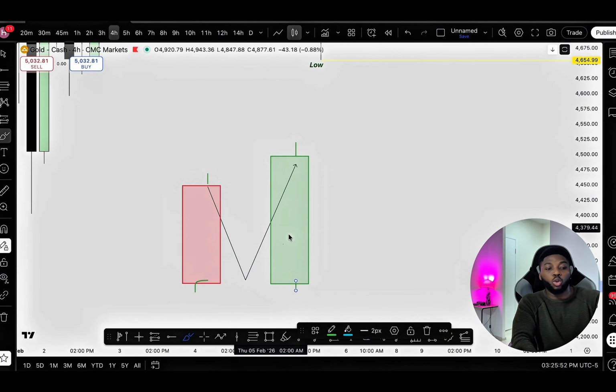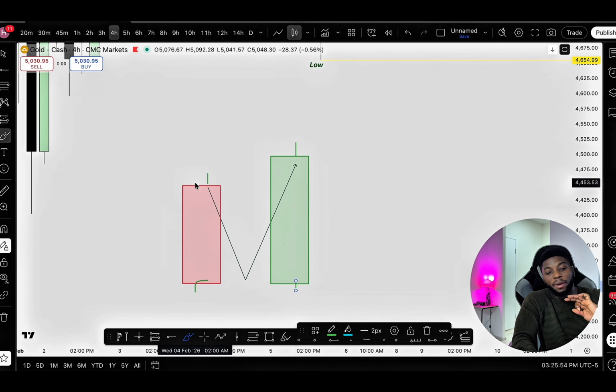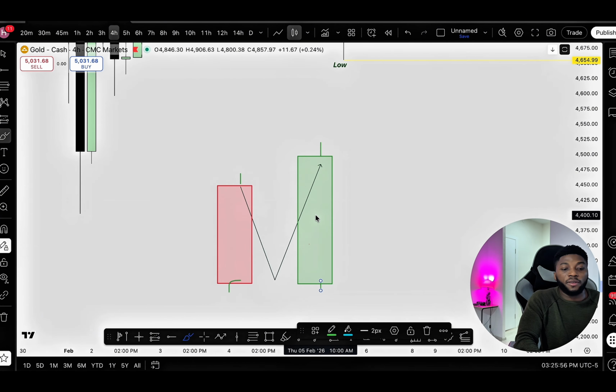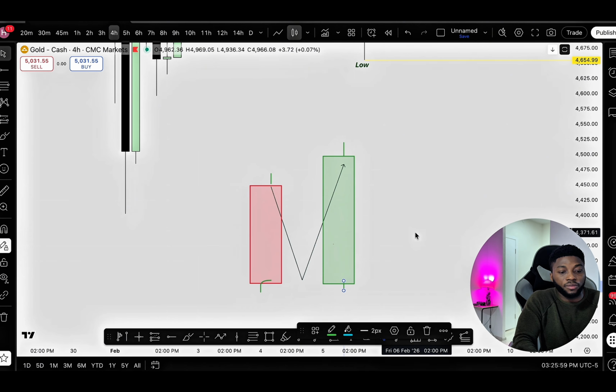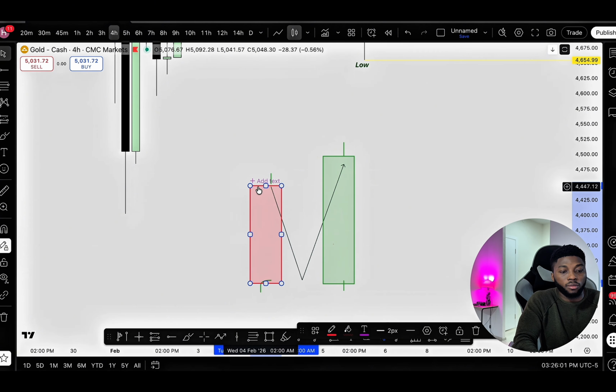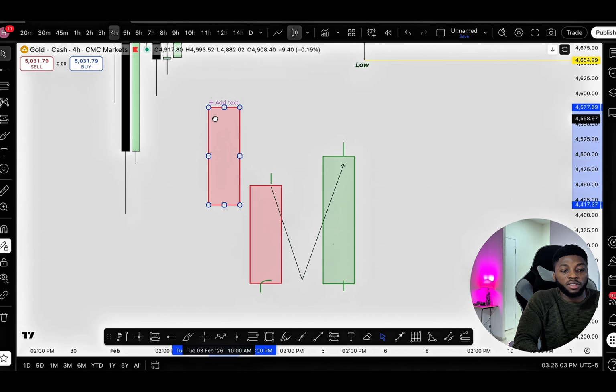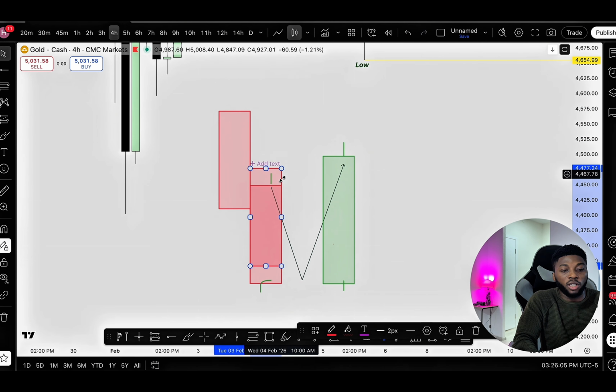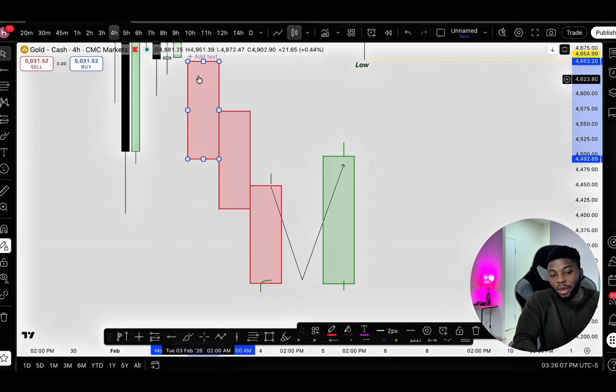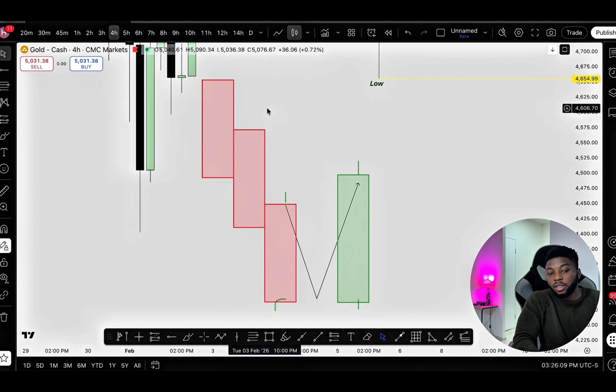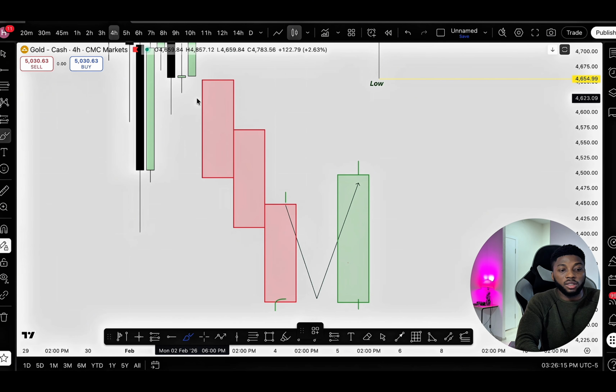You understand? So why am I dropping some candlesticks? As far as we are having this, and then we are having multiple colors together, we know that this is a high.